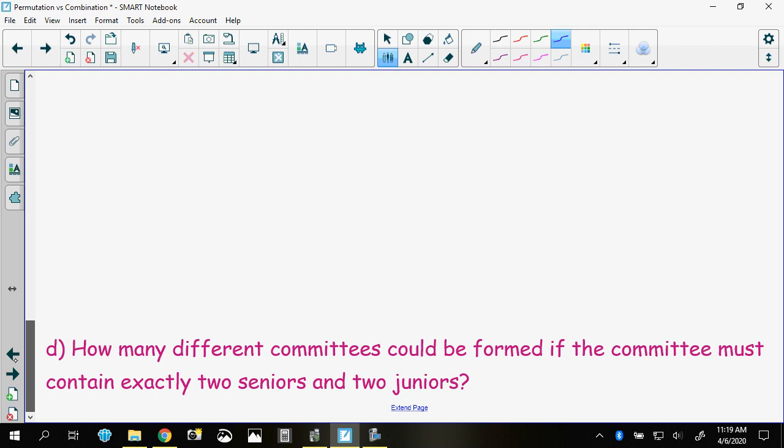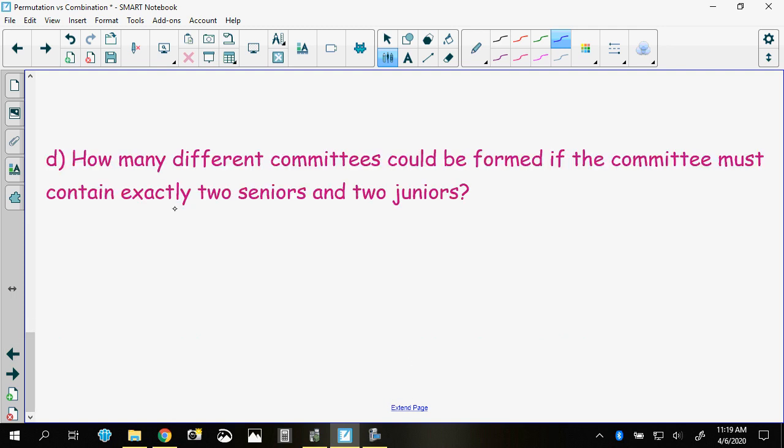Now, last one, how many different committees can be formed if the committee must be exactly 2 seniors and 2 juniors? Well, that means we've separated this into 2 separate combinations. So they're still being multiplied together, because remember, also and in probability means multiply.